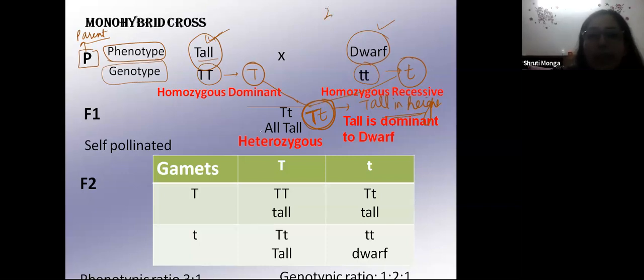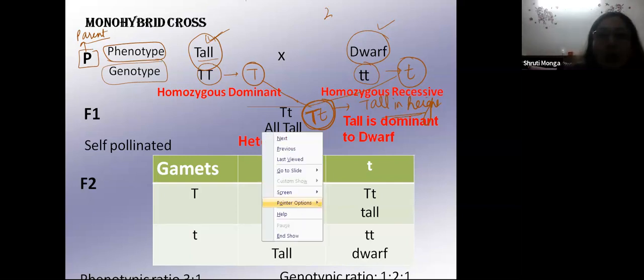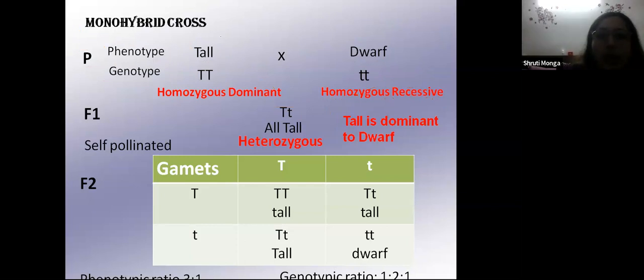I'll just erase everything. So, one parent plant tall in height with genotype capital T. One parent plant short in height with genotype small t. Then gamete. Here in this picture, gamete formation is not there. So now I have written it with a pen. You can also write it. So the gamete here would be capital T, circle.